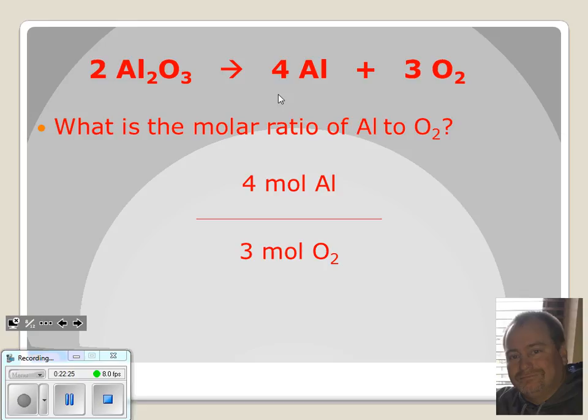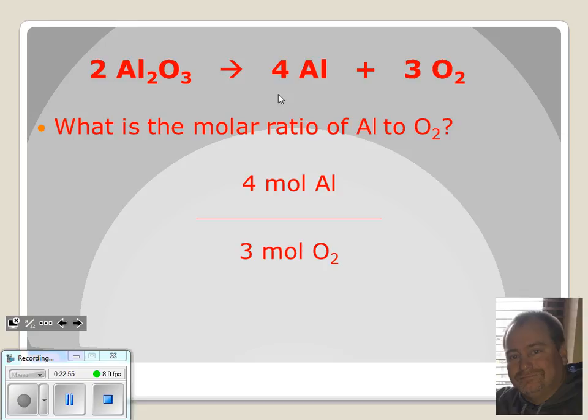Could we then, we're not going to, but could we then put those into masses? Because we know what 1 mole of O2 is, we know what 1 mole of aluminum is, we know what 1 mole of aluminum oxide is, correct?